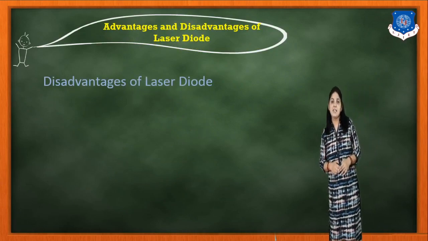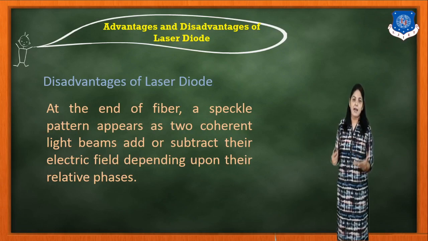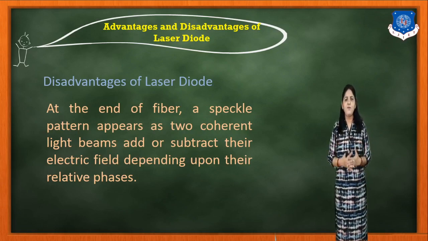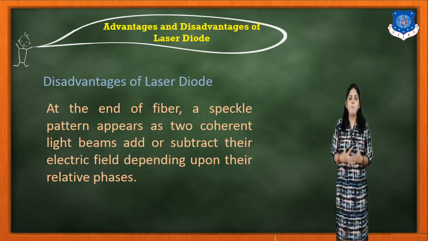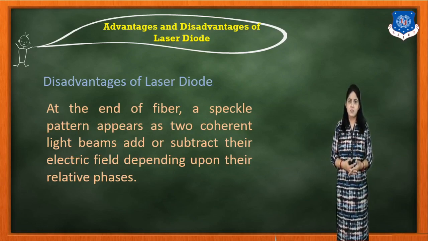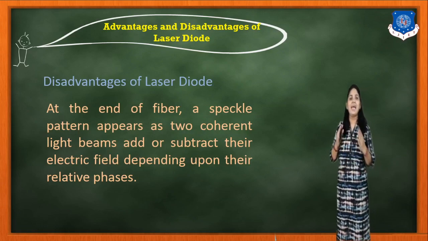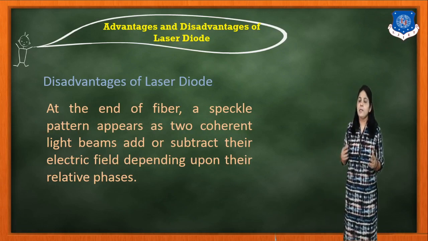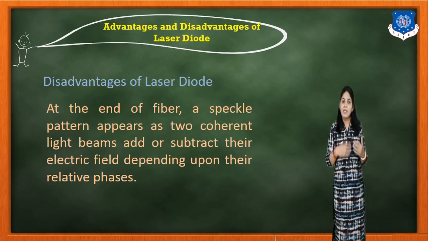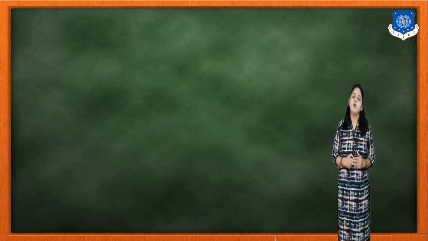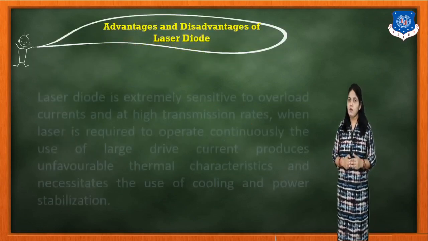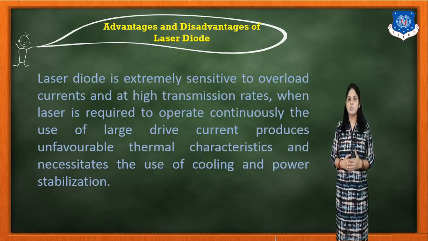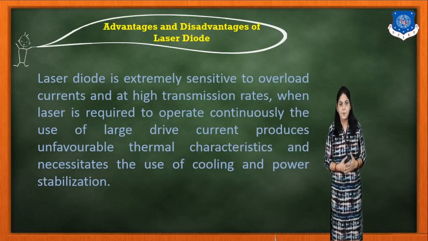Now the disadvantages of the laser diodes are: at the end of the fiber, a speckle pattern appears as two coherent light beams add or subtract their electric fields depending upon their relative phases. So that can be a disadvantage of using the laser diode.